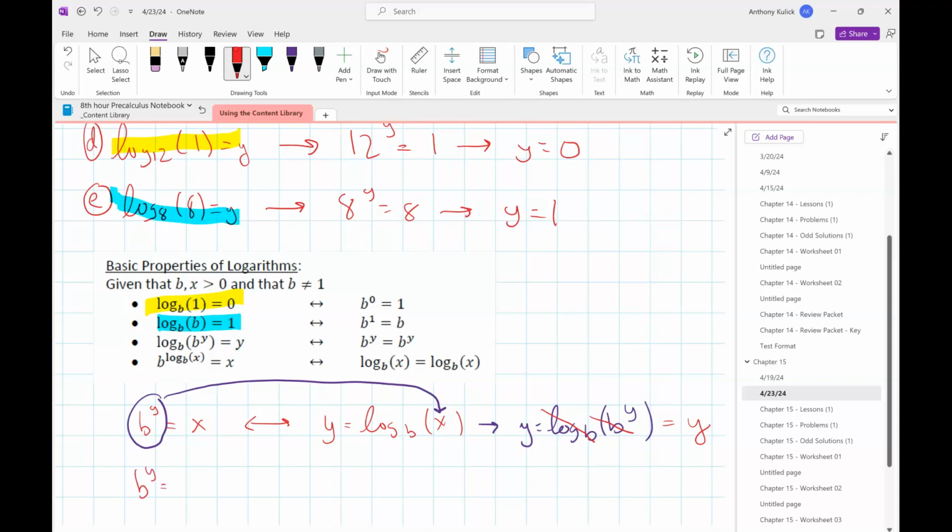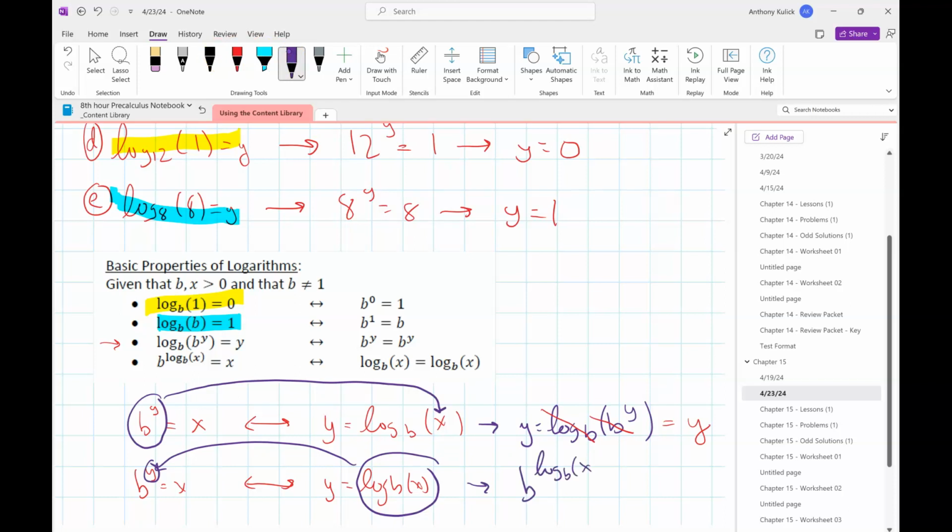Now, what if we go the other way and we take the y and plug it in? There we have b to the log base b of x is equal to x.